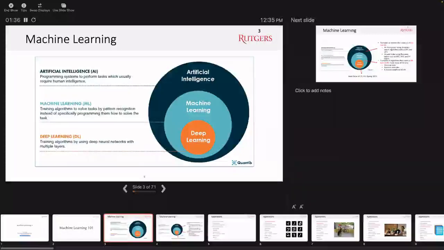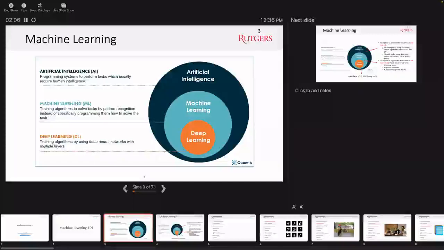And machine learning is a data-driven way of doing that. In machine learning, people try to train algorithms to solve tasks by pattern recognition instead of specifically programming them how to do it. If you have taken Intro to AI, probably a big chunk of Intro to AI will be about artificial intelligence, but not machine learning.